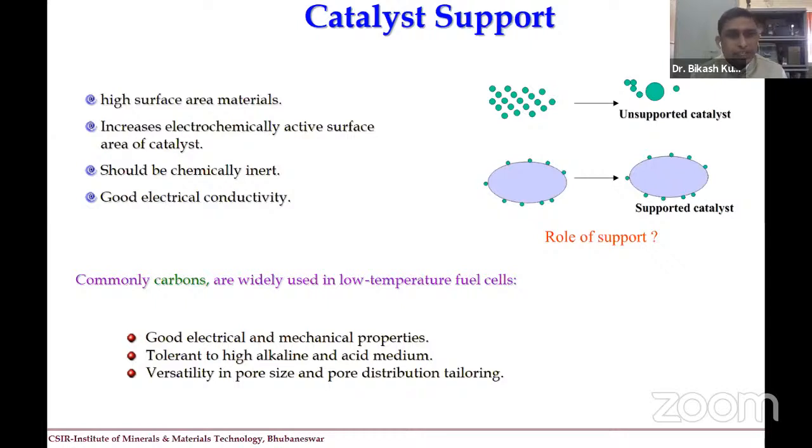And we can tune the pore versatility and the pore distribution, so that the fuels can easily access the current collector or the catalyst surface, and the electron transfer tunneling process can easily take place. So that's why the carbon-based material is commonly used as a support material for low temperature fuel cell catalysts.